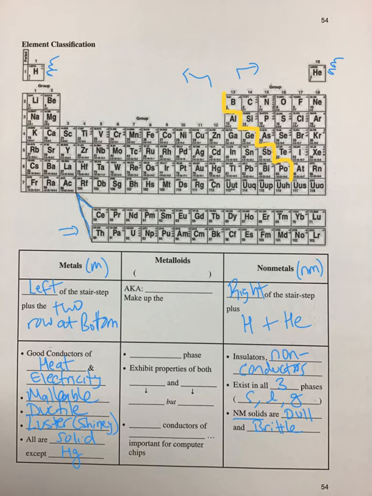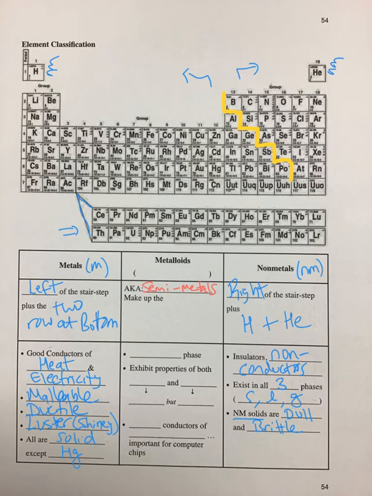Now, if we're going to get very specific, instead of just using the general two major classifications, metals versus non-metals, we do have a few elements that are referred to as metalloids, which are also known as, AKA, semi-metals. So some people still use the terminology semi-metals.